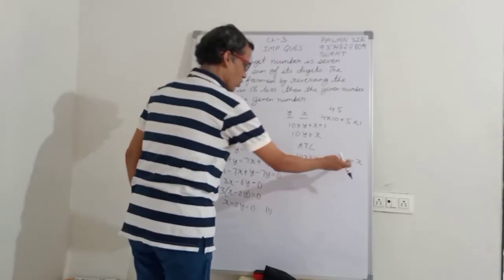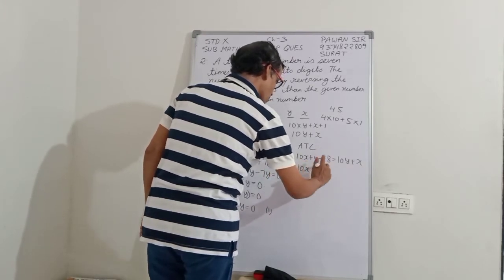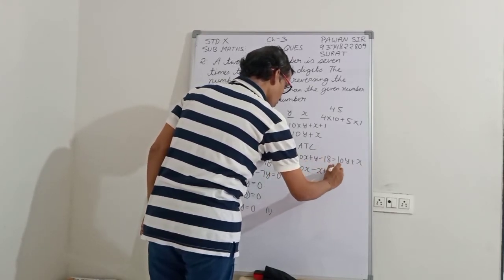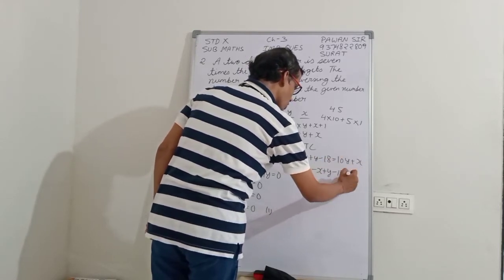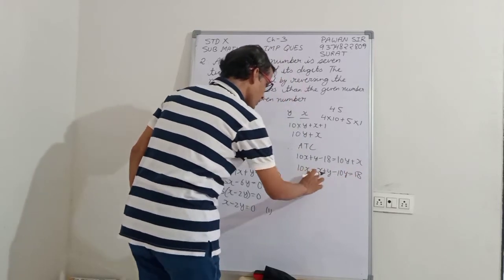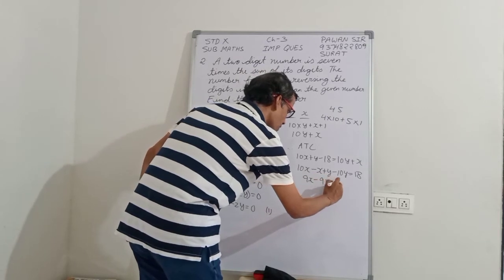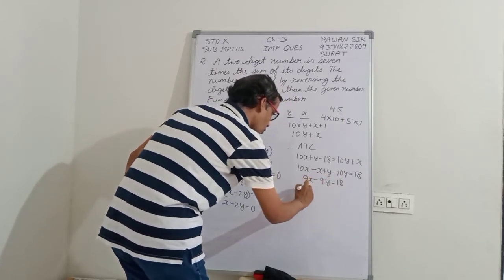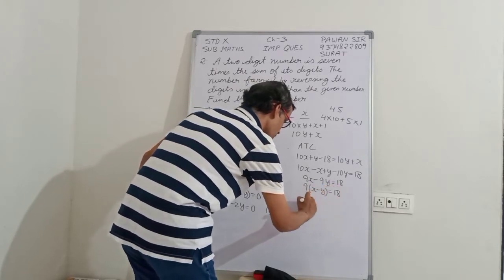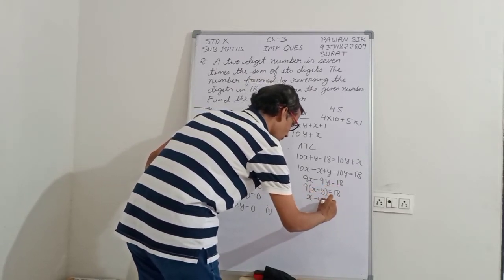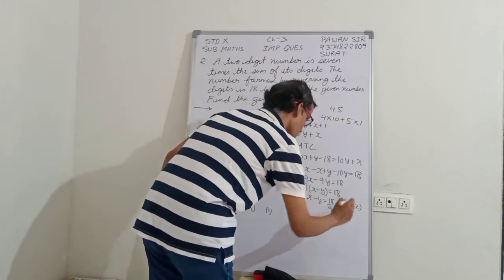So again we can shift x to this side, y also take this side, minus 10y, and constant on right hand side. You get 9x minus 9y is equal to 18. Take 9 common, we get x minus y equal to 18 by 9, it is equal to 2. So this is your second equation.